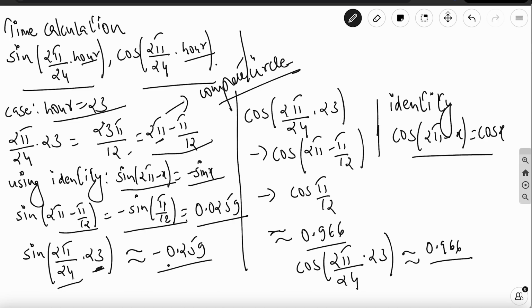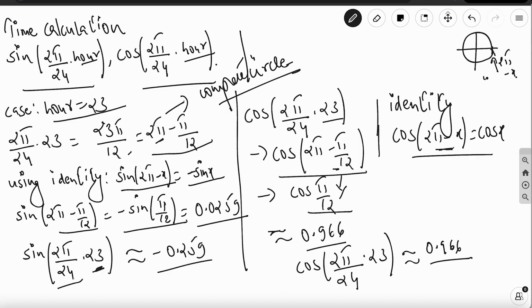Similarly, we calculate the cos value for the 23rd hour. It breaks down to cos of 2 pi minus pi by 12. We use the identity that cos of 2 pi minus x is cos of x, so this breaks down into cos of pi by 12. Let's understand the basics of this identity. When the circle is divided into 4 quadrants, 2 pi is closer to the full circle, and 2 pi minus x is somewhere in the 4th quadrant.